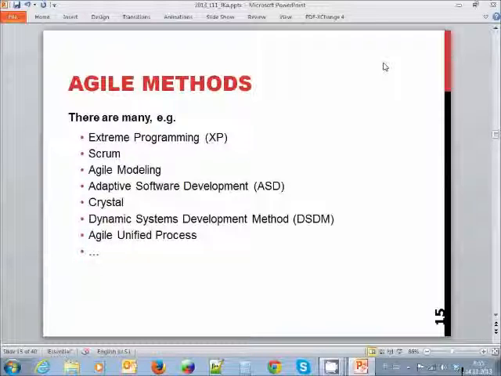So these approaches all try to use the ideas of agile thinking or agile approach. And today we are going to look into extreme programming and Scrum.